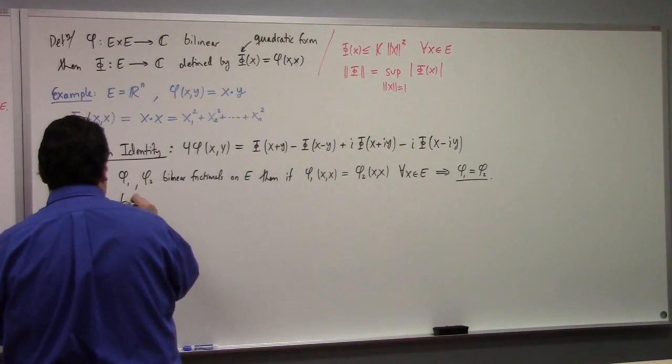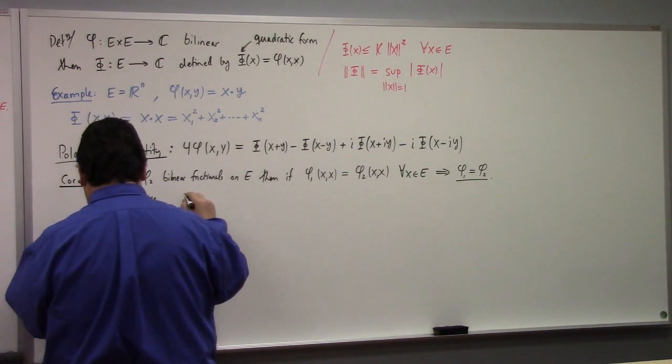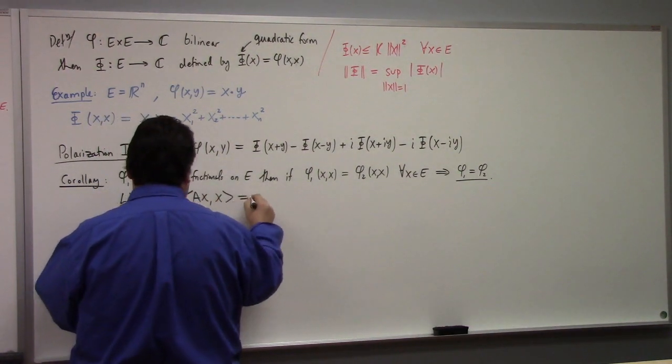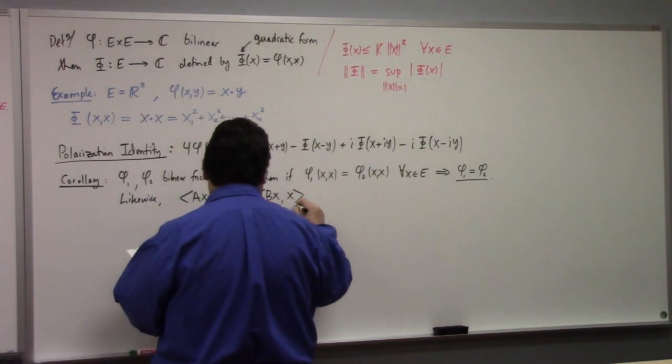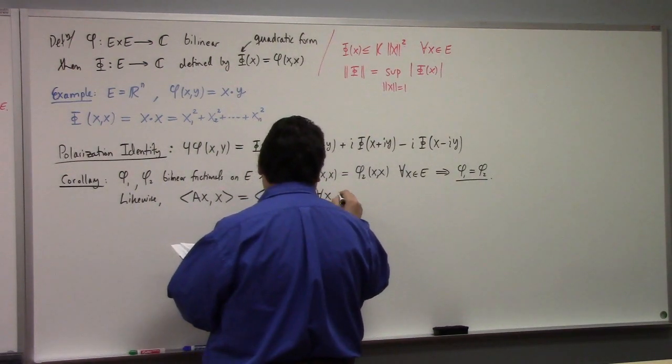Likewise, if you have Ax comma x equal to Bx comma x for all x in E, and that "for all" is important, by the way.